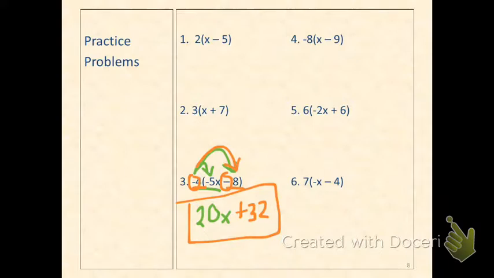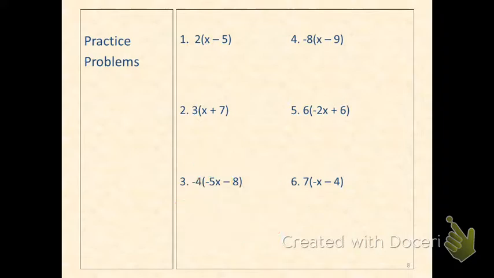Easy enough. Okay, I'm going to do number 5 now, except now I'm going to do it the box method. So first things first, I'm going to draw my box. I've got my box right here. The 6 I'm going to put right here. Let me make a pen that's just a little bit smaller for you. There you go.